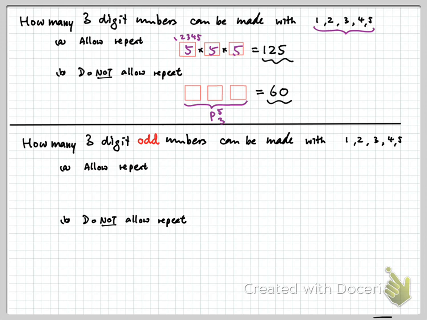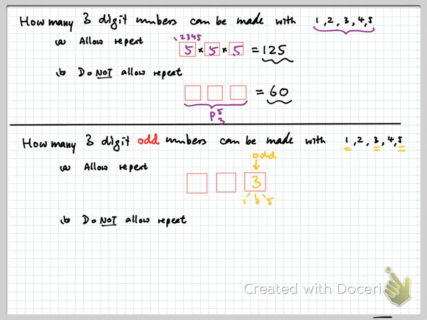Now, the second question at the bottom part of the screen is almost the same, only that we are limited to odd numbers. How many 3-digit odd numbers can be made with 1, 2, 3, 4, 5? Once again, you allow or do not allow repeat. Whether a 3-digit number is odd or not depends solely on the last digit. This must be an odd digit, so this box has 3 choices: it must be chosen from 1, 3, or 5.